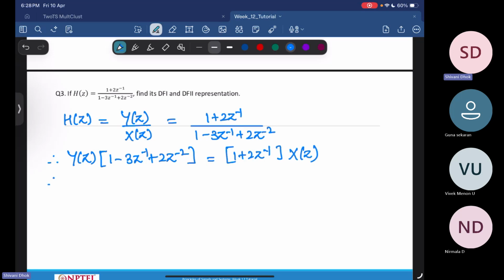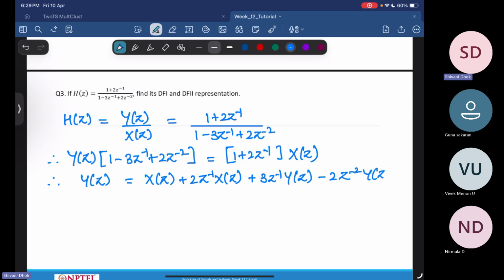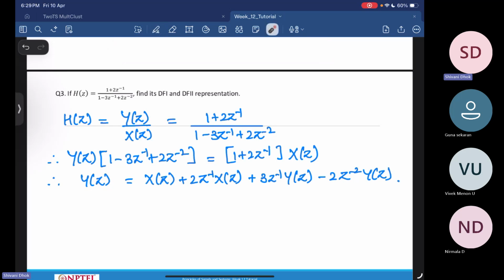Therefore, Y of z is equal to X of z plus 2z inverse X of z plus 3z inverse Y of z minus 2z to the power minus 2 Y of z. What I did is I just multiplied this inside and shifted it to the right.